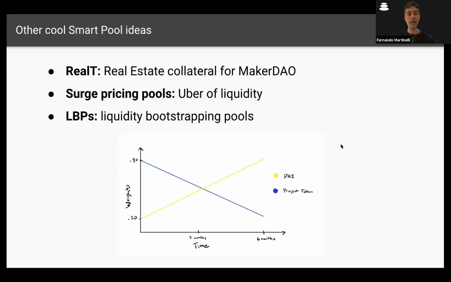But there is the risk of a sandwich attack. So you would have to have some kind of fallback option like Chainlink or any other anti-sandwich attack mechanisms. So I'm not sure how.